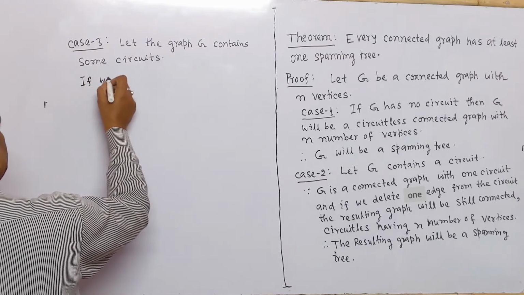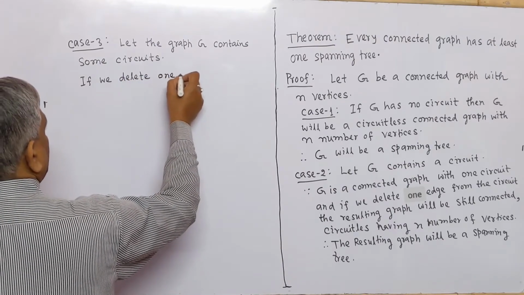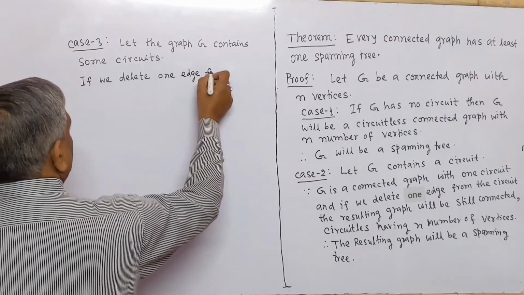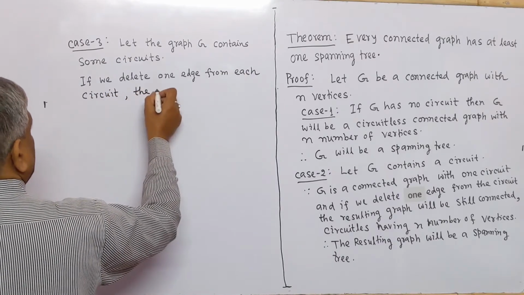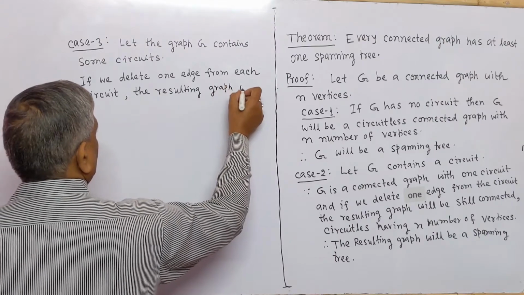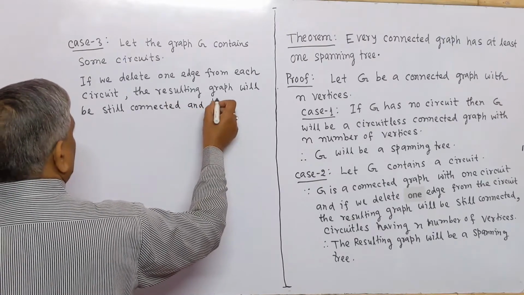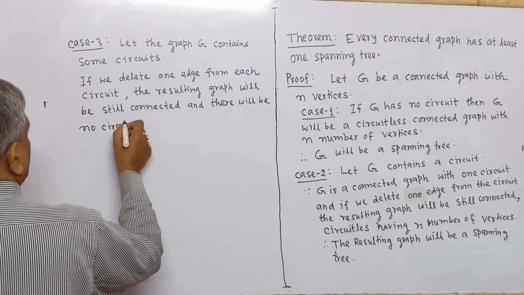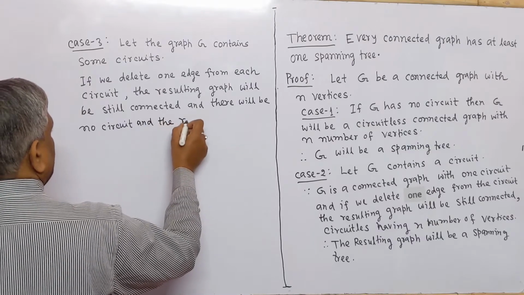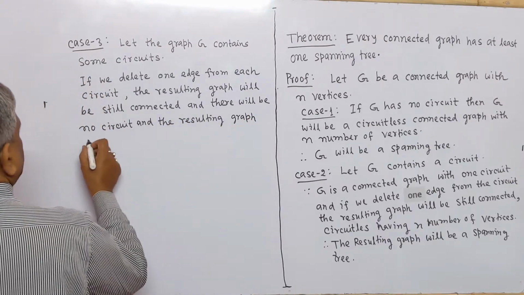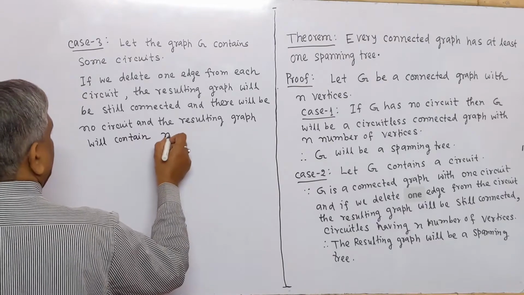If we delete one edge from each circuit, the resulting graph will be still connected, and there will be no circuit, and the resulting graph will contain n number of vertices.